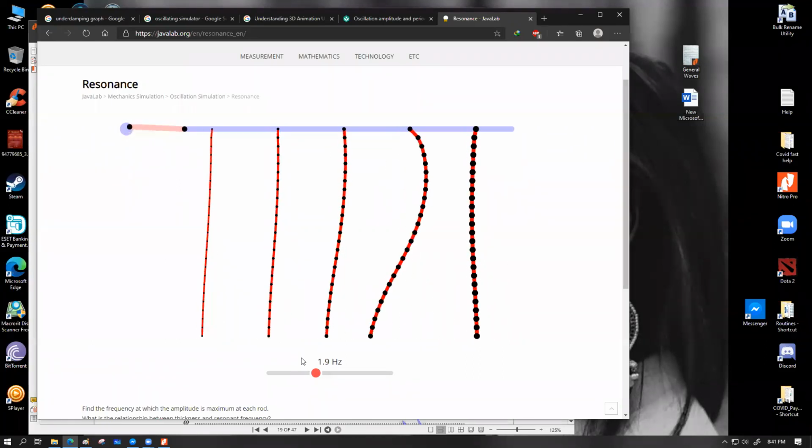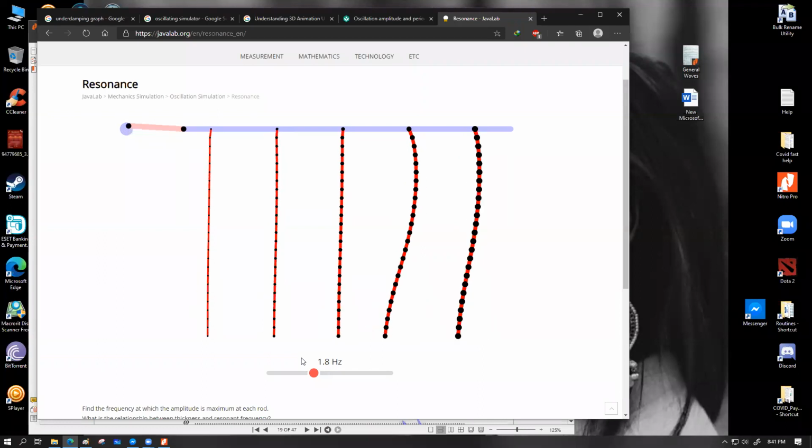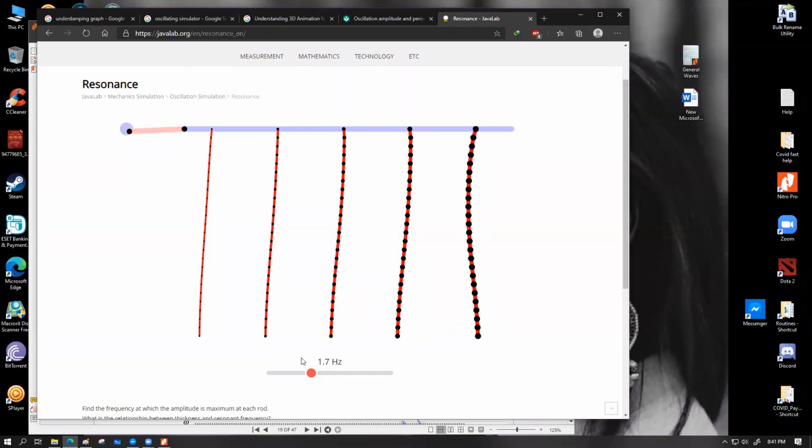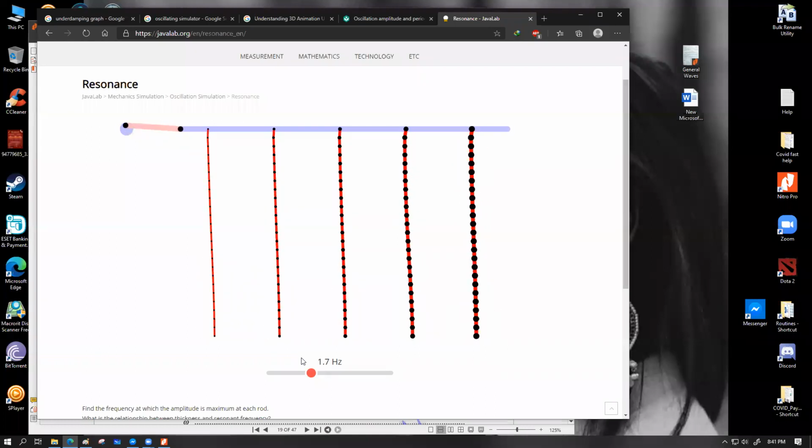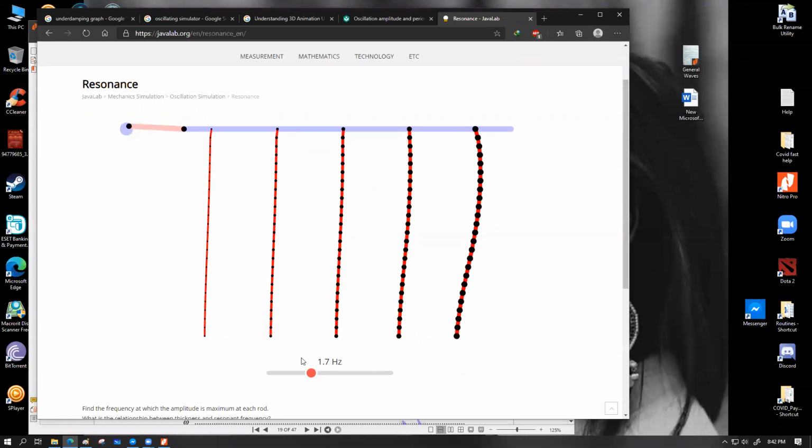Yeah, because you have the same medium. Why does the left one have maximum oscillation?